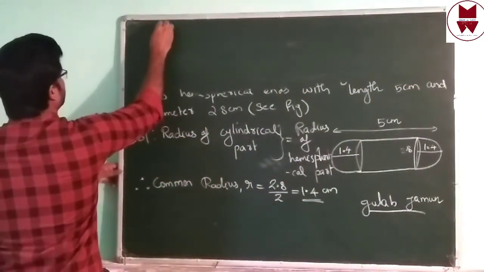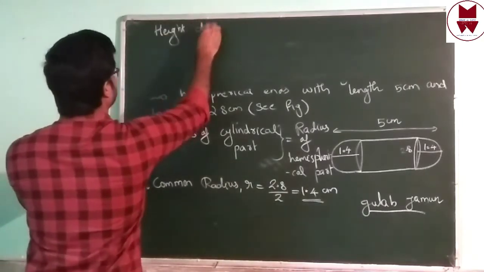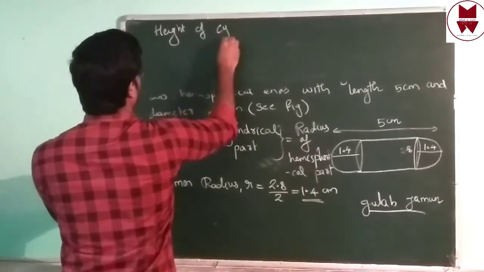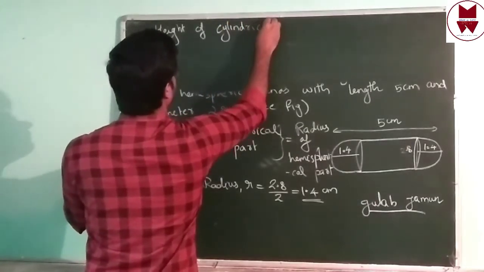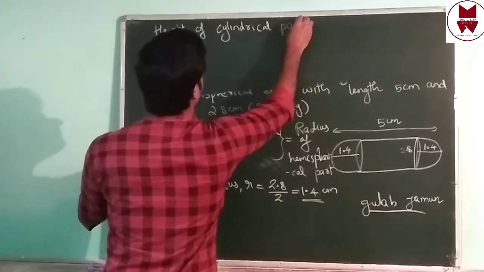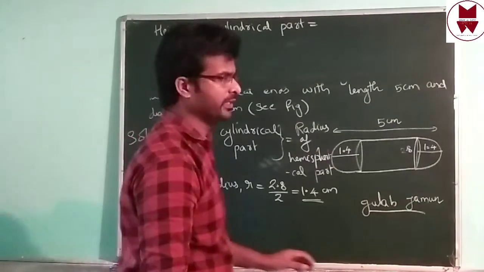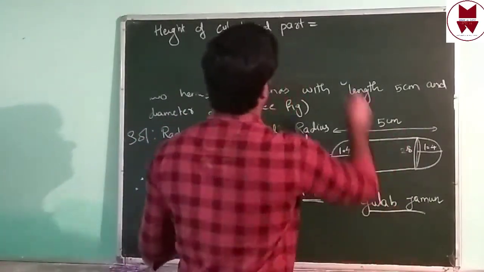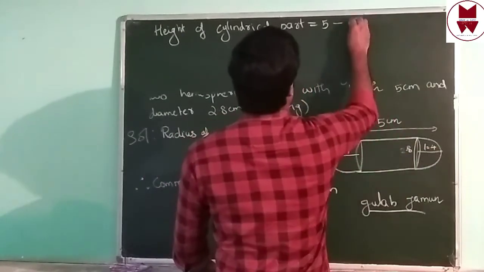Then the height of the cylindrical part equals what? Total 5 centimeter minus this 1.4, we cannot consider.